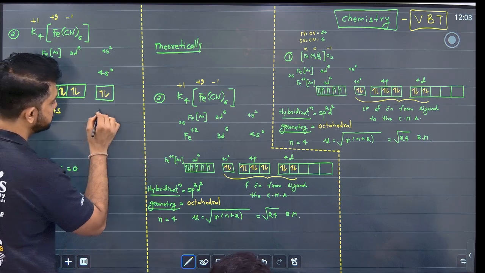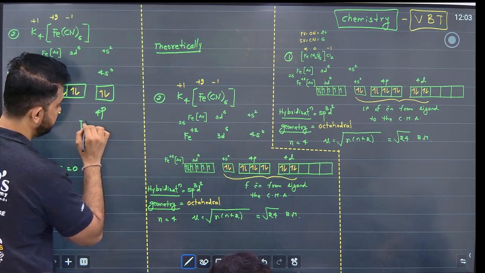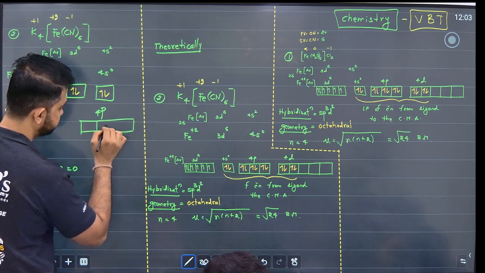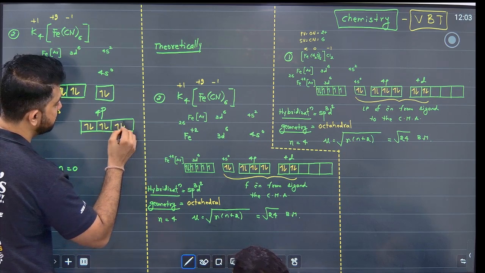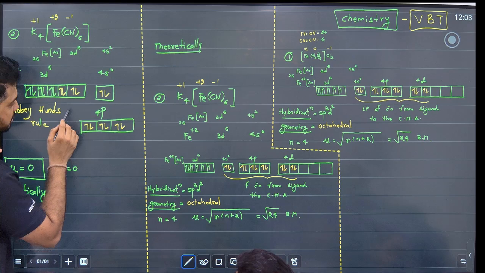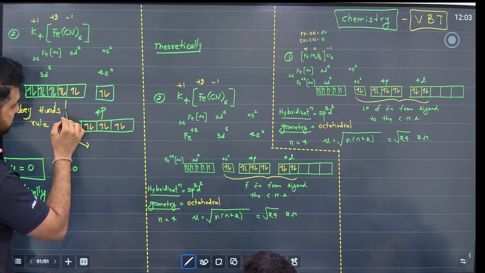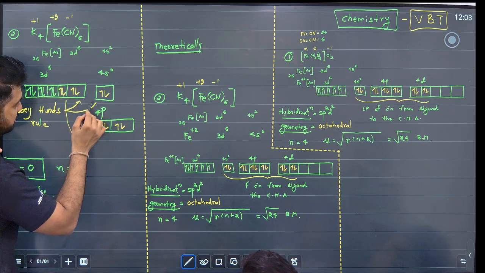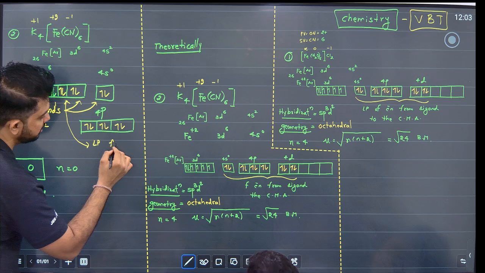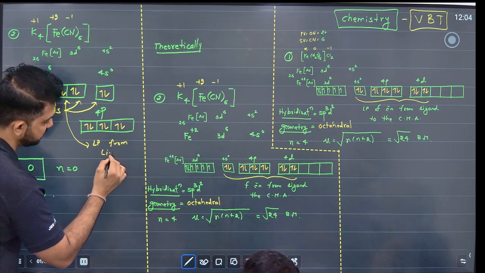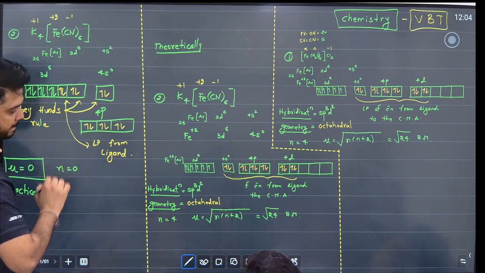Where will you accommodate those? In 4p. Where did these yellow electrons come from? Lone pairs from the ligand. I'm writing it in short.